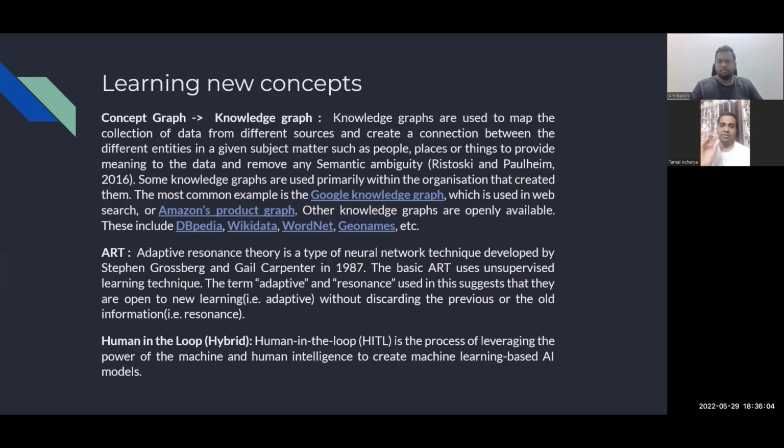You take yourself, all the nodes are the people, and all the edges are the relationships. It can be friends, friends of friends, relatives, sister, brother, anyone. If you plot it, you'll get a graph structure. Now that is a knowledge graph.